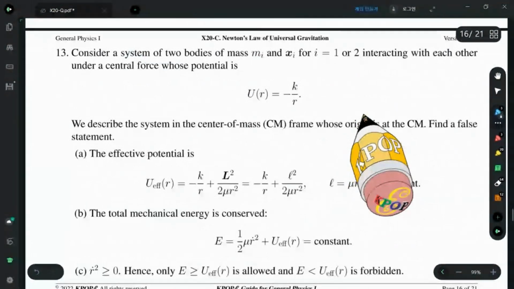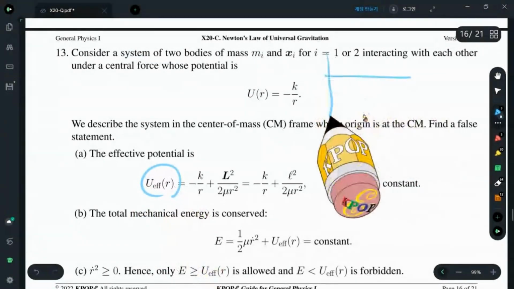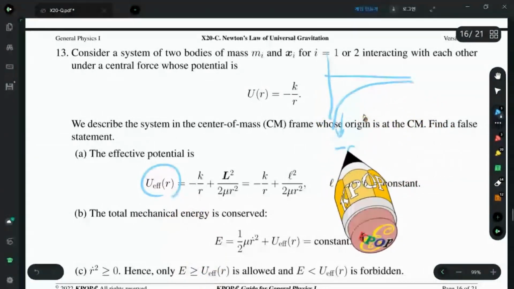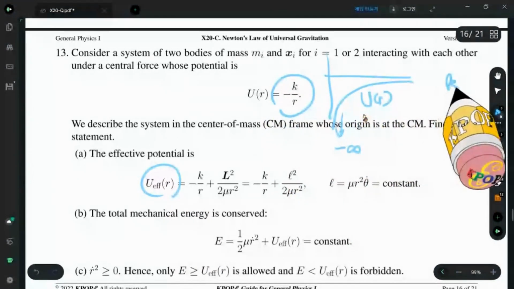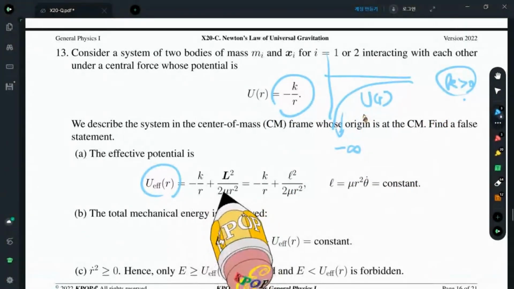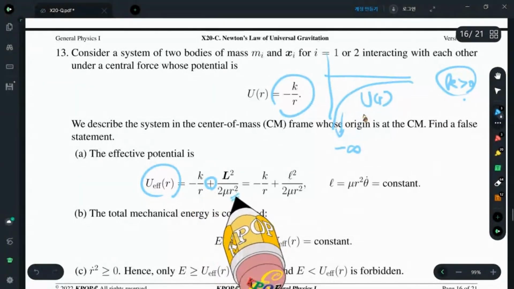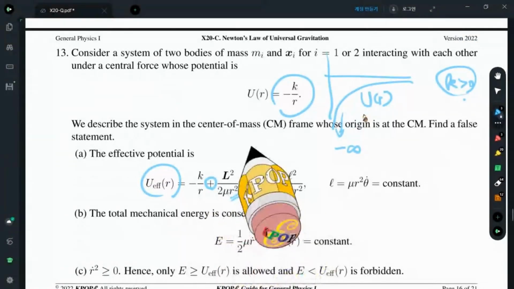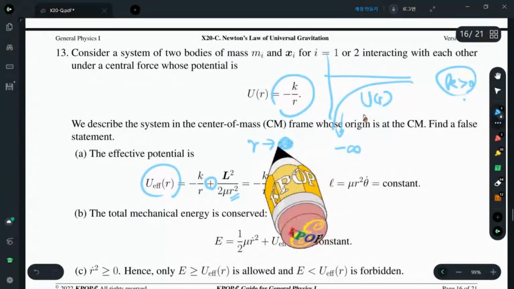Let us look into the effective potential more closely. The potential energy is decreasing to minus infinity. U of R is a minus K over R, and this K is positive definite. However, we have a positive sign and 1 over R squared, which is a much larger value as R goes to 0.